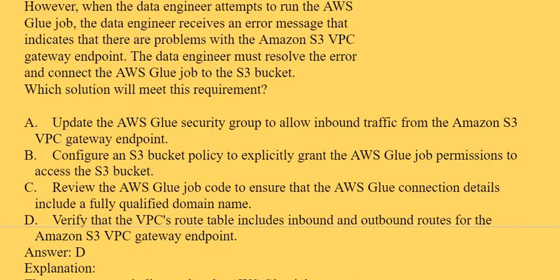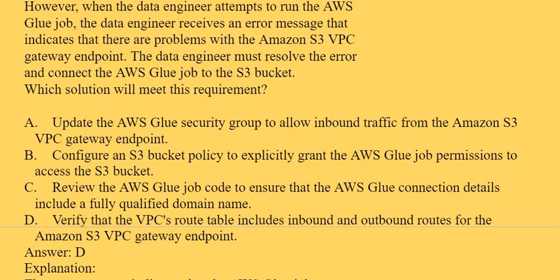Option A. Update the AWS Glue security group to allow inbound traffic from the Amazon S3 VPC gateway endpoint. Option B. Configure an S3 bucket policy to explicitly grant the AWS Glue job permissions to access the S3 bucket.